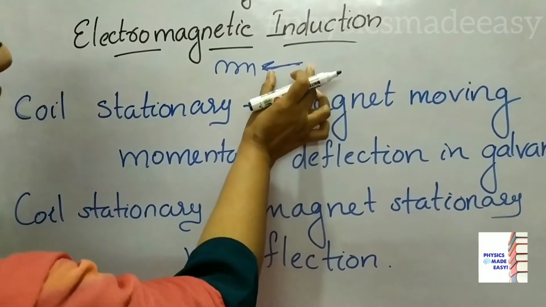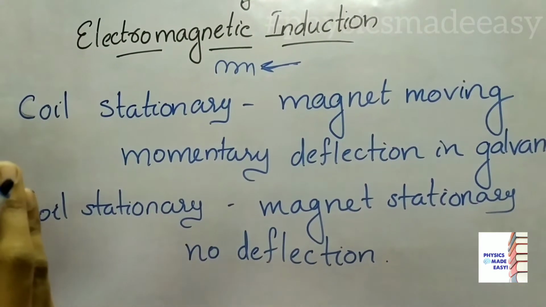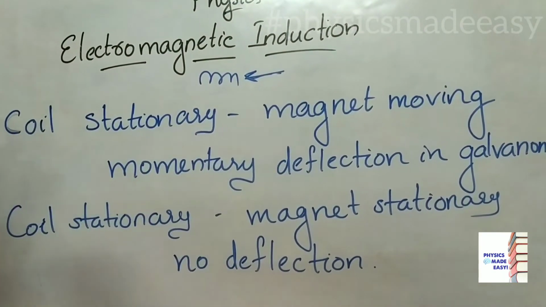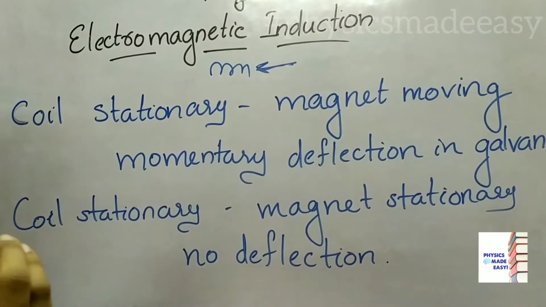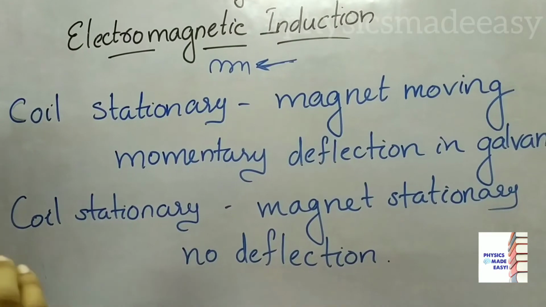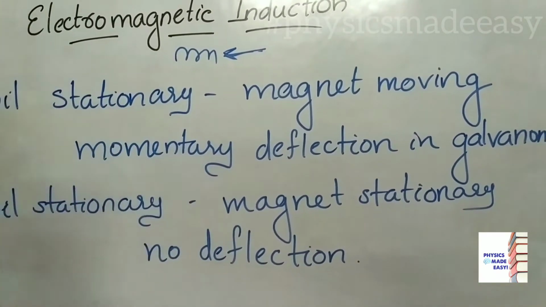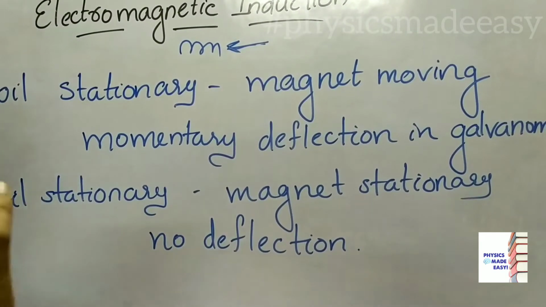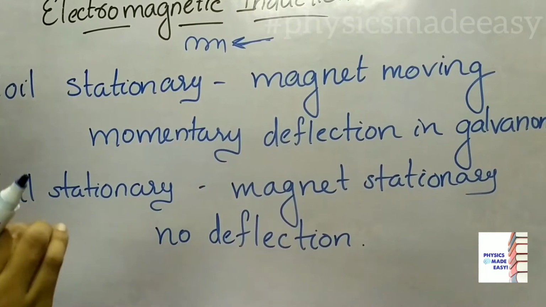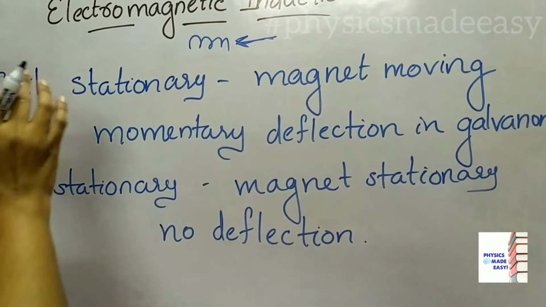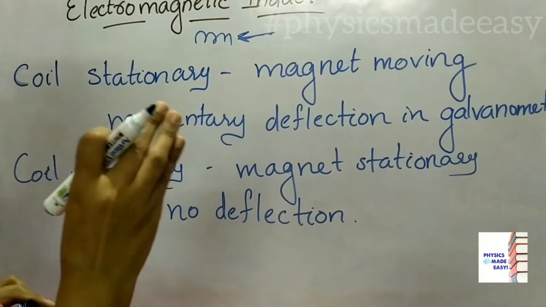If you move this magnet away from the coil, the galvanometer shows a deflection in the opposite direction, towards the left. The galvanometer is used to detect the presence of current. Here, if the magnet is moving, the magnetic field is changing. Due to the change in that magnetic field, a potential difference will be induced in the coil, and that is the reason for the deflection in the galvanometer.